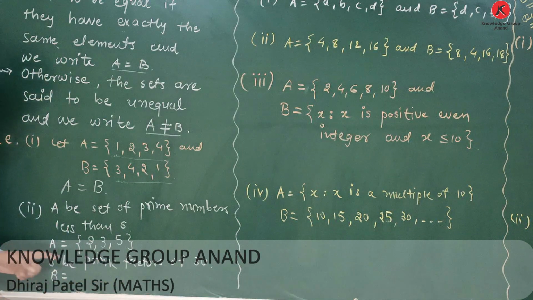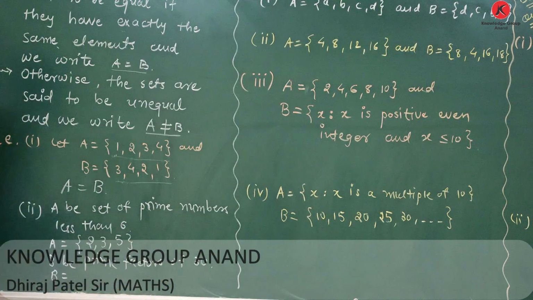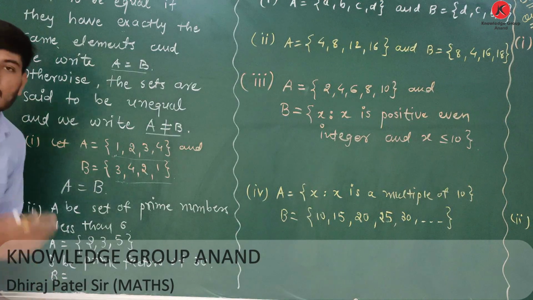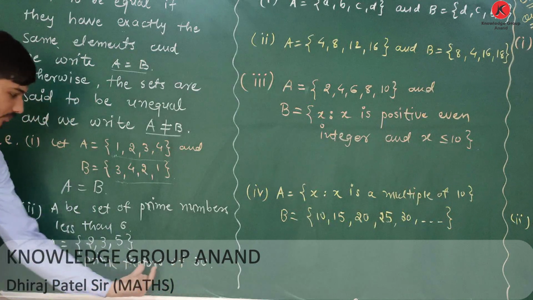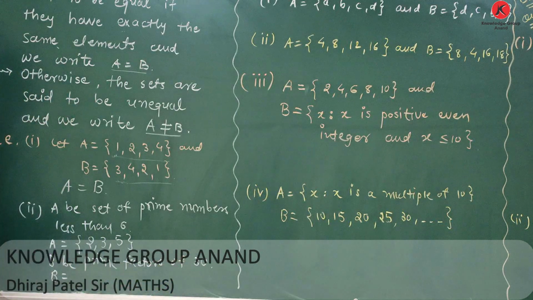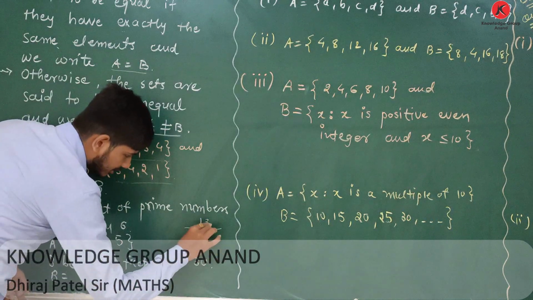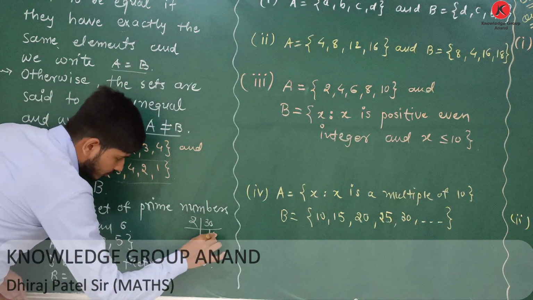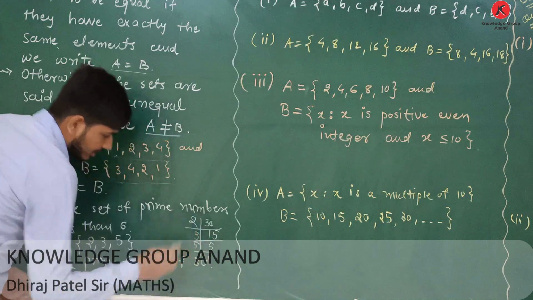Now set B is the prime factors of 30. So we can write set B in roster form. First of all, find the prime factors of 30. So we know that the prime factors of 30 are, how can we get 30, 2 times 15, 3 times 5, 5 and 1.